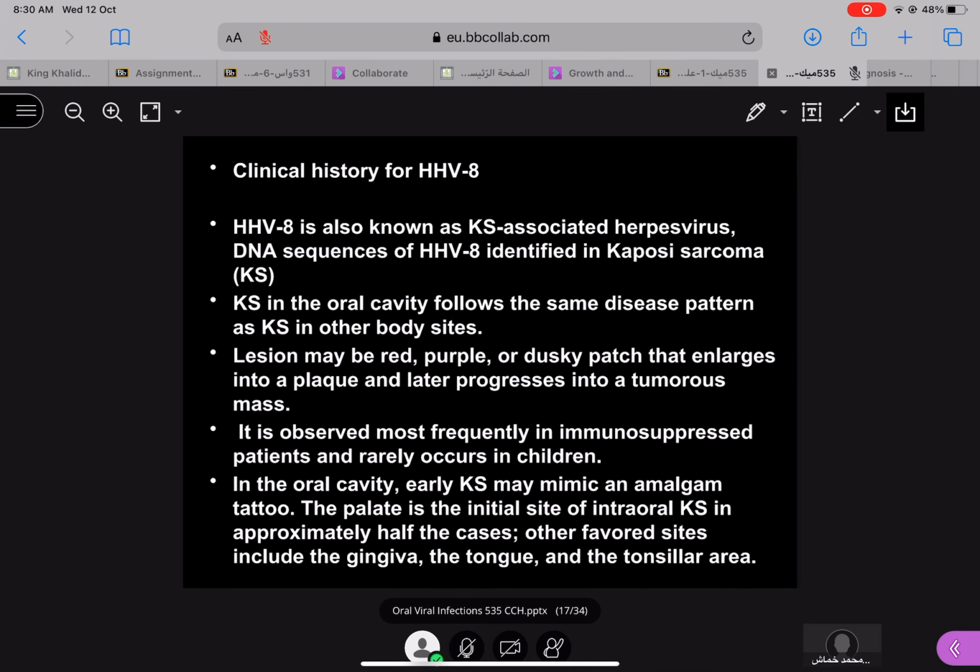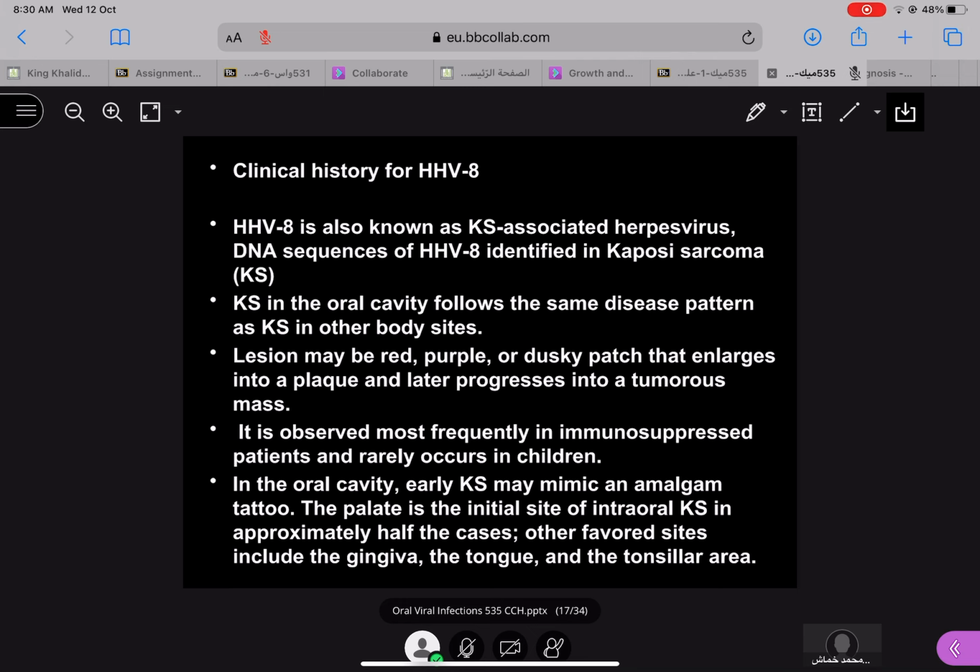Clinical history of herpes simplex, sorry, human herpes virus 8, is also known as KS associated herpes virus. DNA sequence identified in Kaposi sarcoma. This virus, in the oral cavity, follows the same disease pattern as in other body sites.